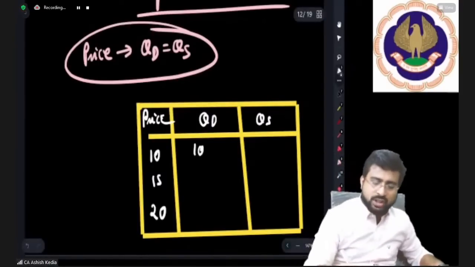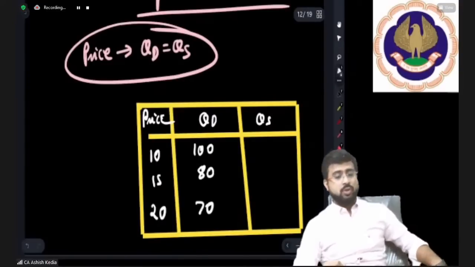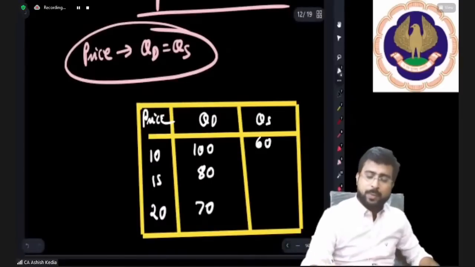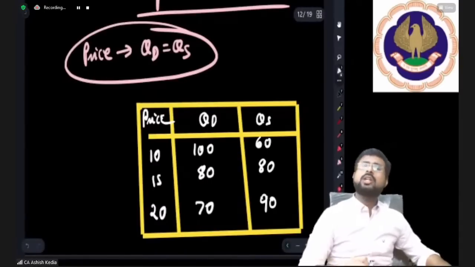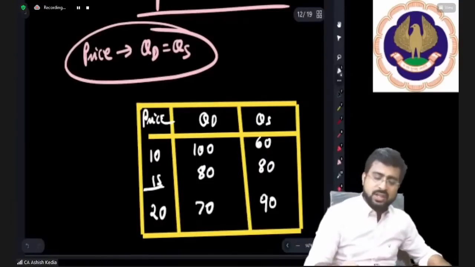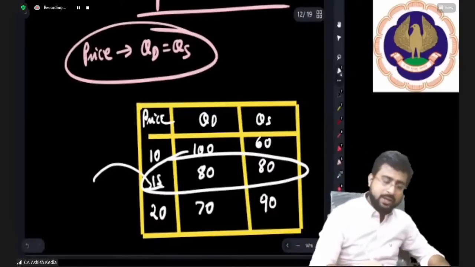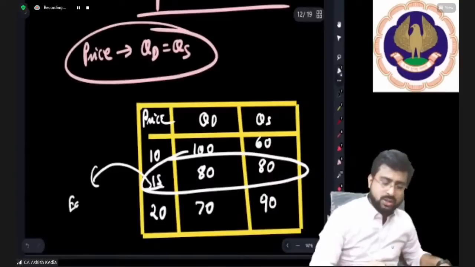So let's say quantity demanded was 100 units, then 80, then 70 units. But when price rises, quantity supplied rises. At low price, low quantity supplied; at high price, higher quantity supplied. At price level 15, quantity demanded and quantity supplied are equal. So this price of 15 rupees at which QD equals QS is called the equilibrium price.